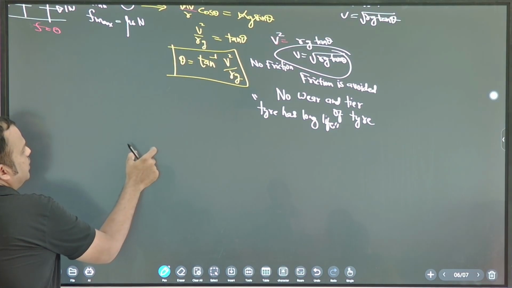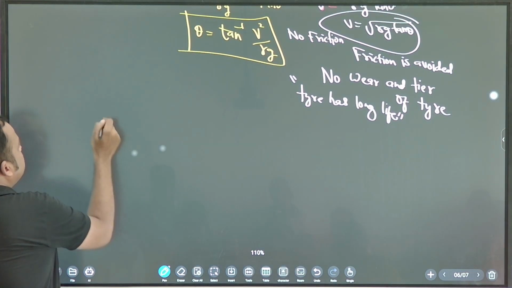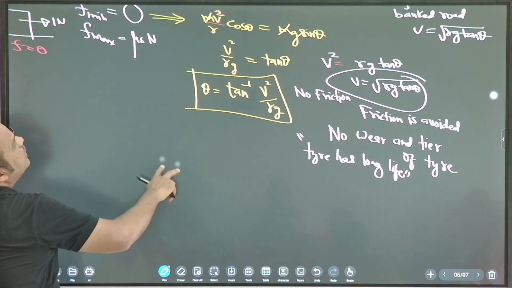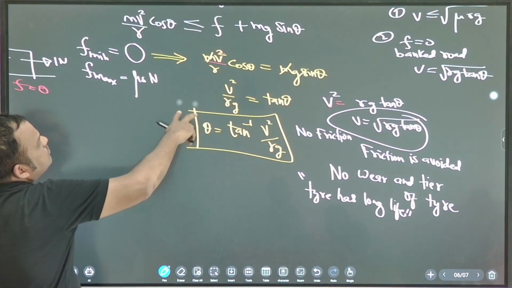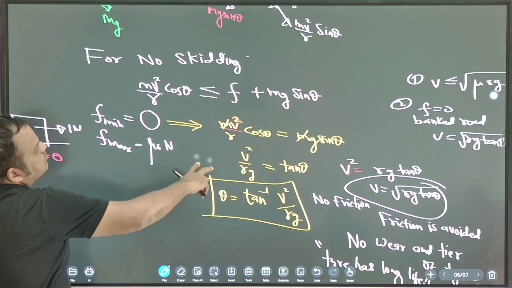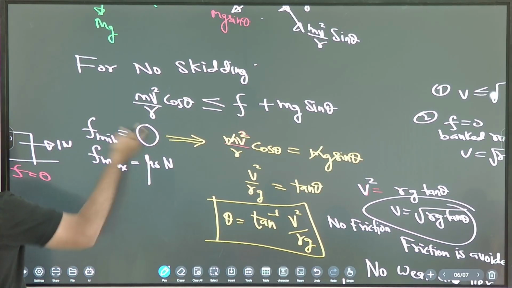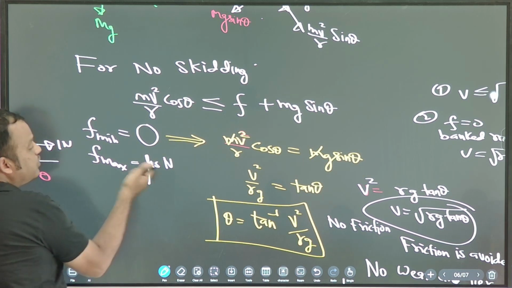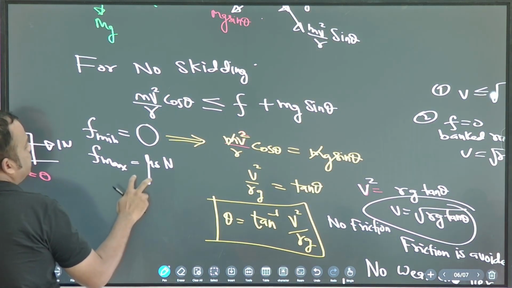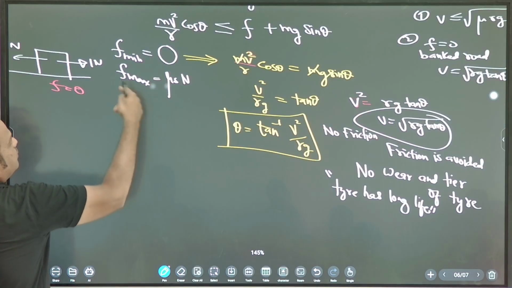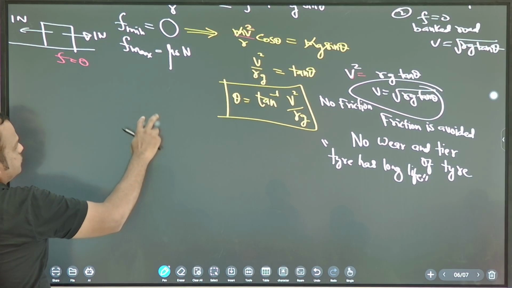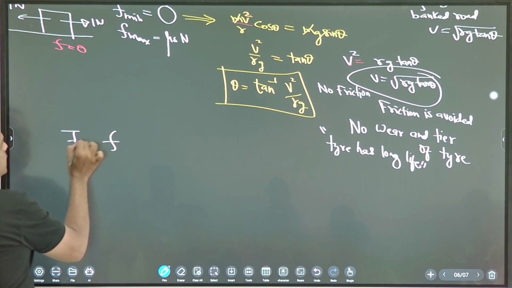Now next we are at the last point. You have already written it here. What is the minimum value of friction? 0. Now what is the maximum value of friction? Mu s N. So now start from here.